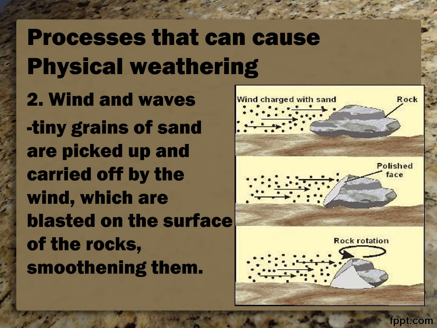The next one is the wind and waves. Tiny grains of sand are picked up and carried off by wind, which are blasted on the surface of the rocks, smoothing them.